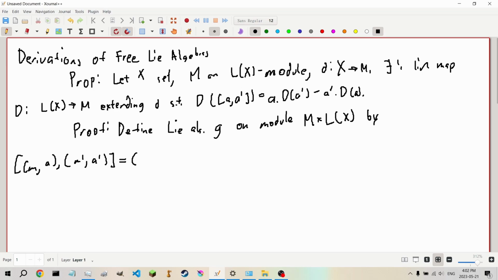Our element in the module is the action of a on m' minus the action of a' on m, and our free Lie element is just the pre-existing bracket of a and a'.